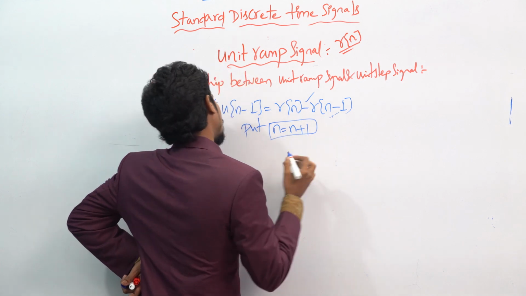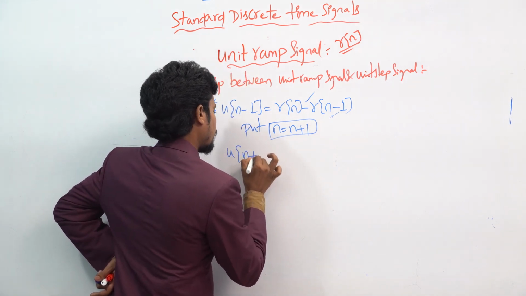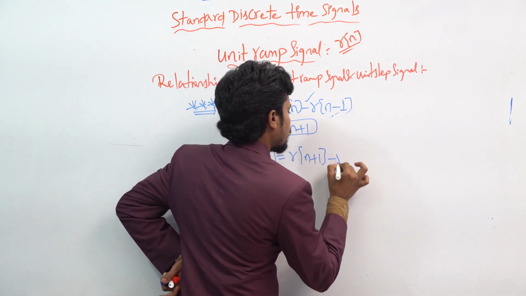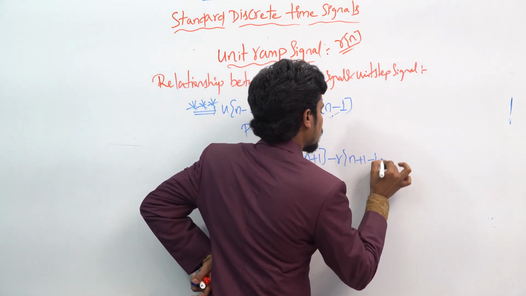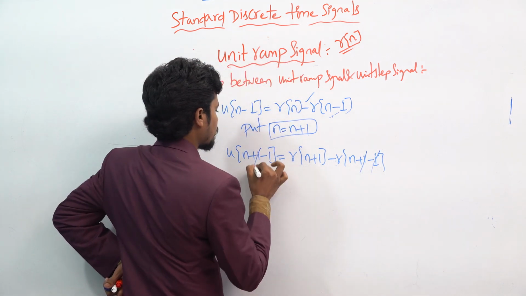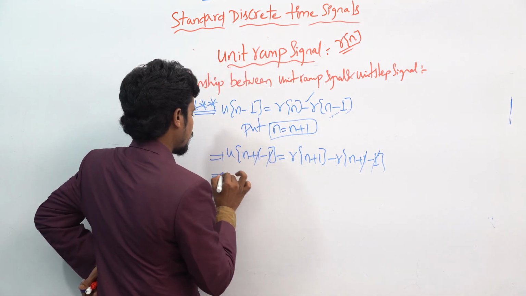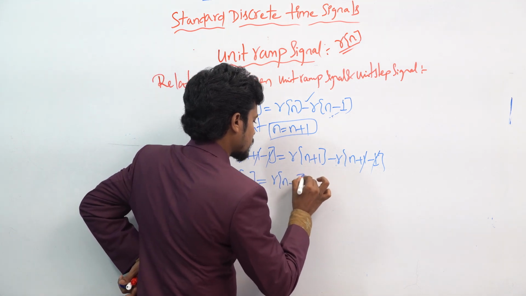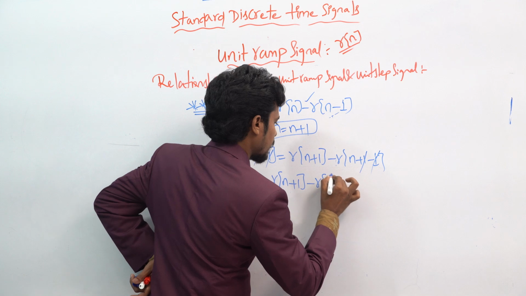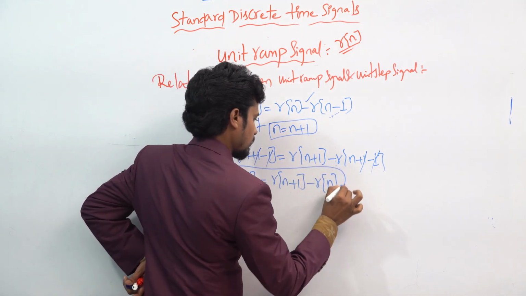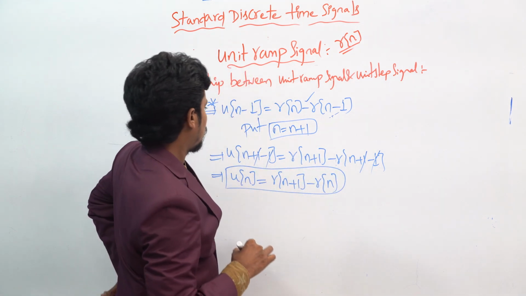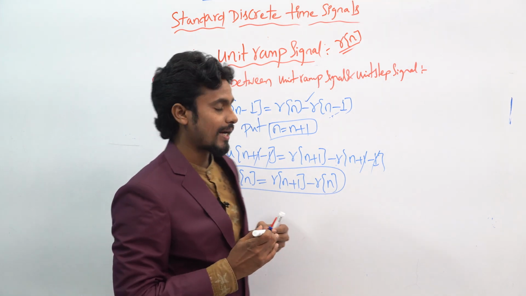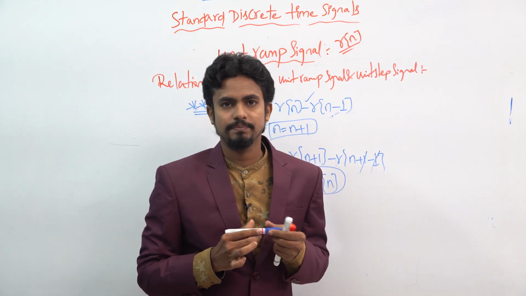Then u of n plus 1 minus 1 is equal to r of n plus 1 minus r of n plus 1 minus 1. Here plus 1 minus 1 cancels. So u of n is equal to r of n plus 1 minus r of n. This is also one type of relationship between the unit ramp signal and the unit step signal. Thank you.